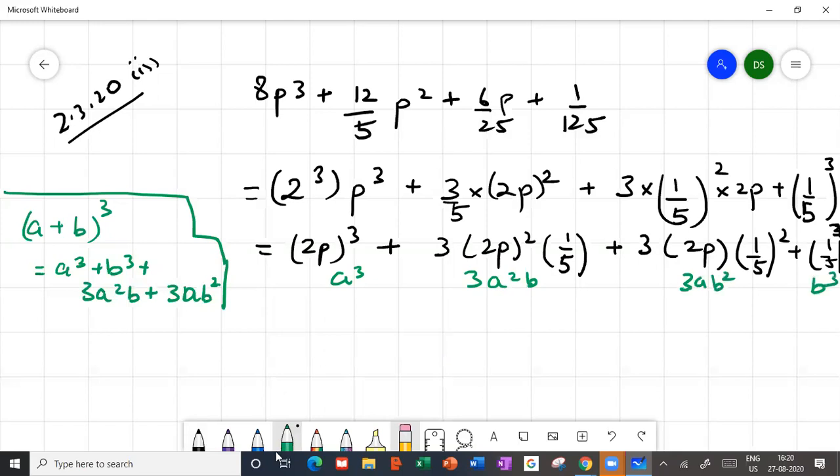So what will my factor be? 2p plus 1 by 5 whole cube. So Puneet, you should arrive at this expression if you arrive at it by that method. Okay.